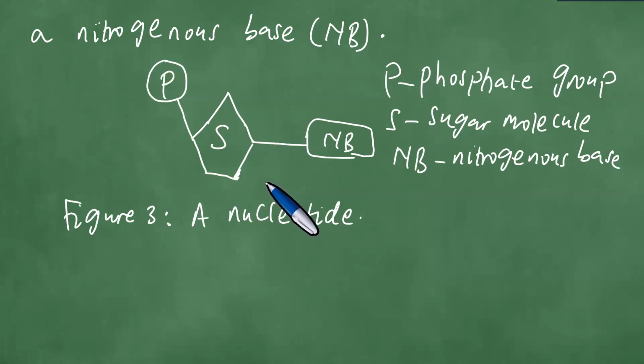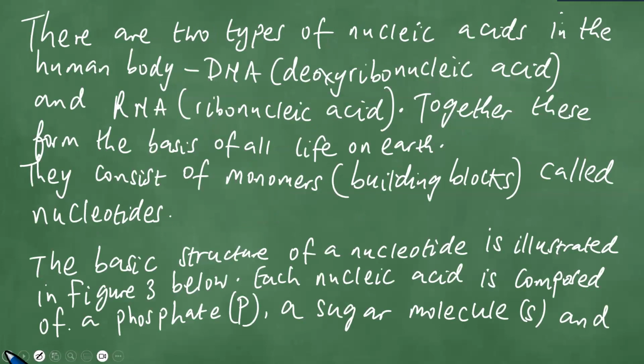What is a nucleotide? We said that the basic structure of a nucleotide is illustrated, but we said that they consist of monomers, building blocks, which are called nucleotides.